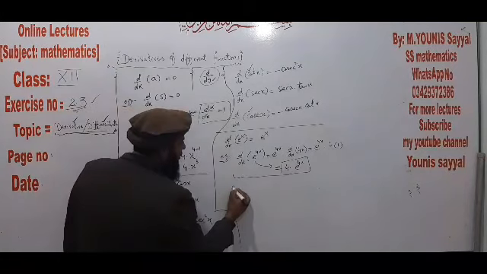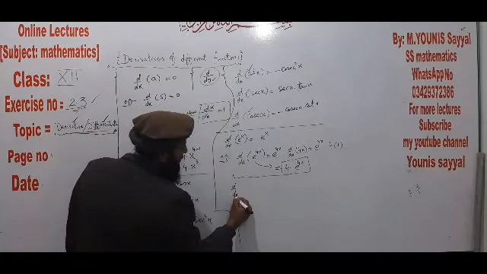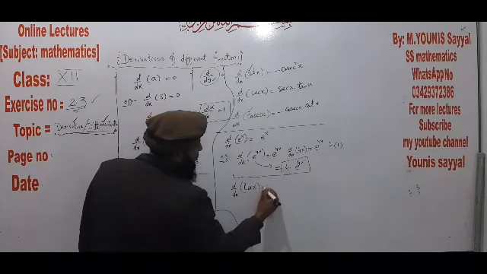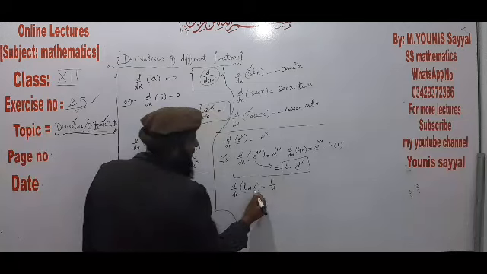And now the derivative of log x is equal to 1 over x, and the derivative of the inside x will also be included. Similarly, for sin x the derivative is cos x, times the derivative of x.